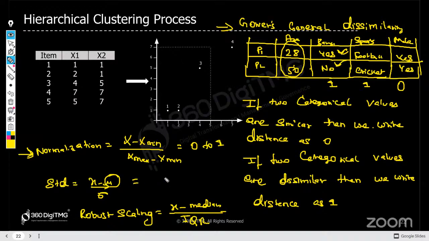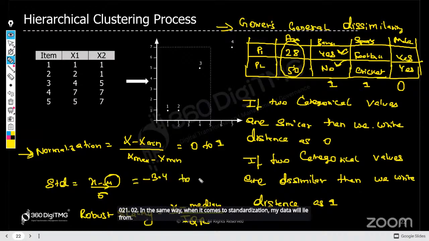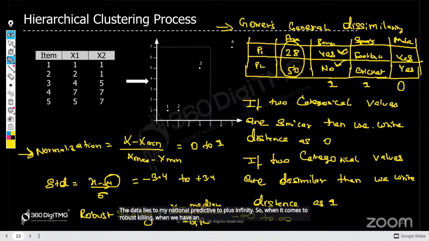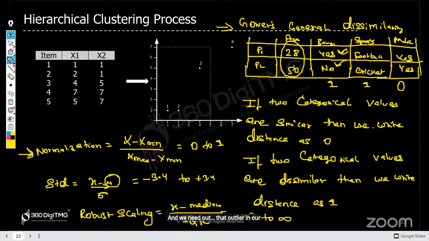In the same way, when it comes to standardization, my data will lie from minus 3.4 to plus 3.4. When it comes to robust scaling, the data lies from minus infinity to plus infinity. So when we have an outlier and we need that outlier in our data set, then we go for robust scaling. Otherwise, we will go for standardization and normalization.